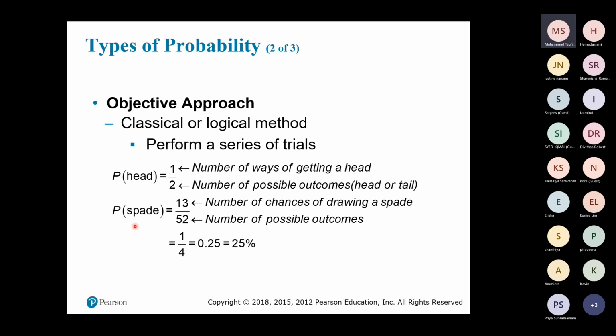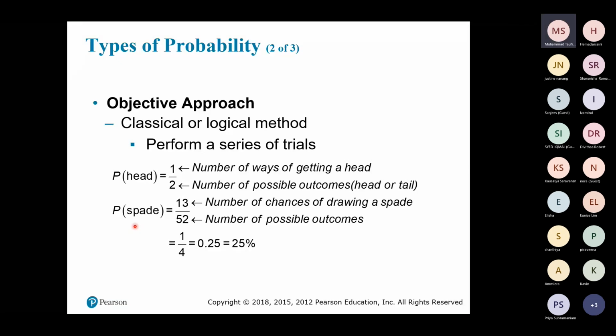So 13 over 52, you can simplify it, you will get 0.25, or 25%. It means that there is a 25% chance you can get a spade from a deck.